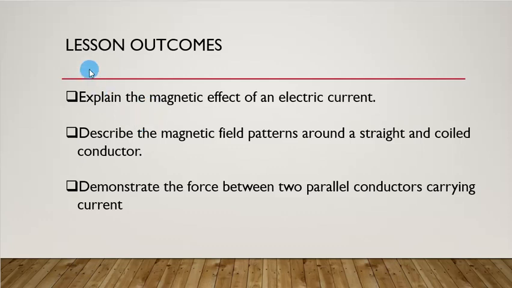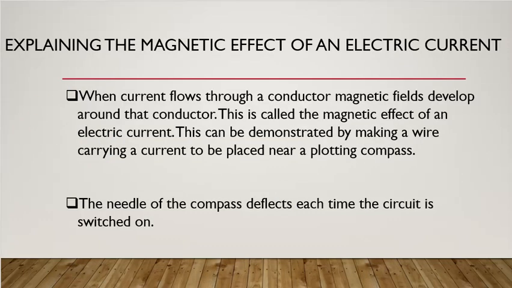The lesson outcomes are: we should be able to explain the magnetic effect of an electric current, describe the magnetic field patterns around a straight and coiled conductor, and demonstrate the force between two parallel and anti-parallel conductors carrying an electric current.